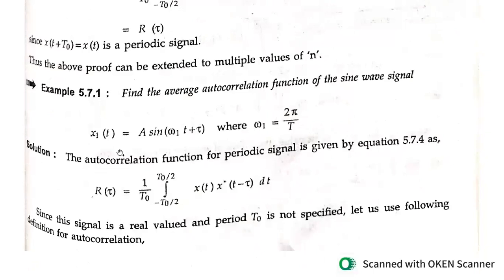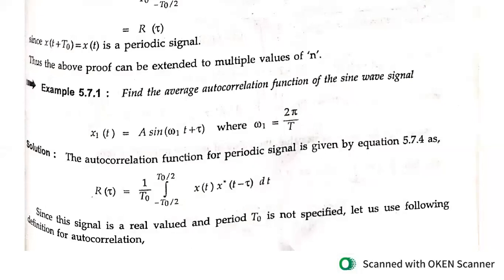Now the signal is given, x1(t) equal to A sin(omega 1 t plus tau). In PTSP, every time we are going to call it wide sense stationary. What is the meaning of wide sense stationary?